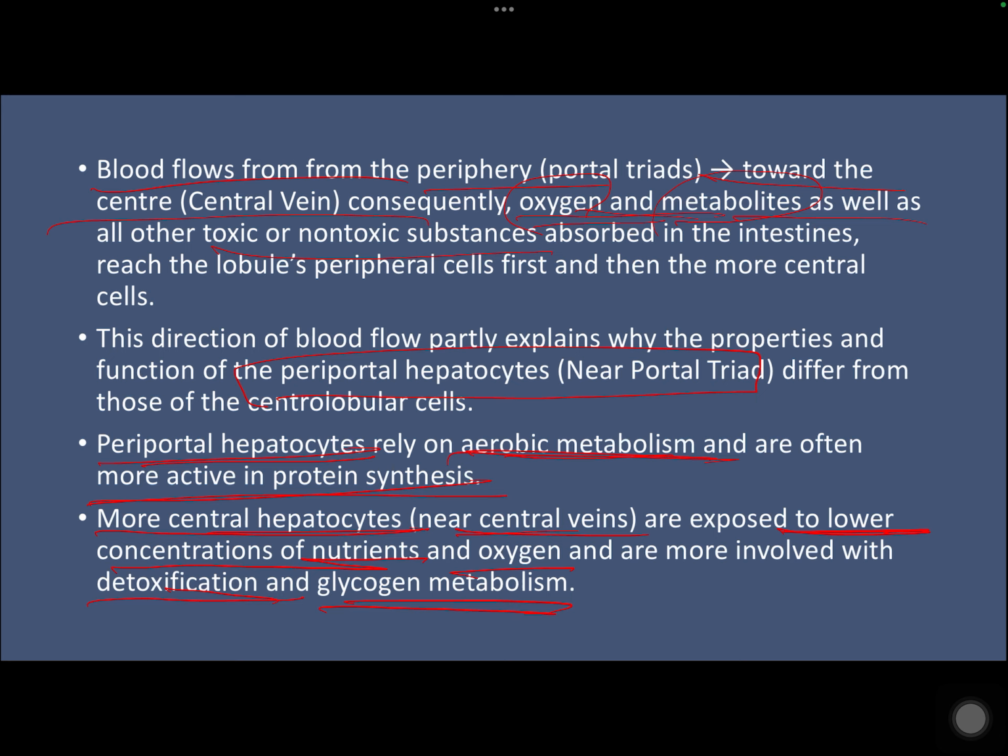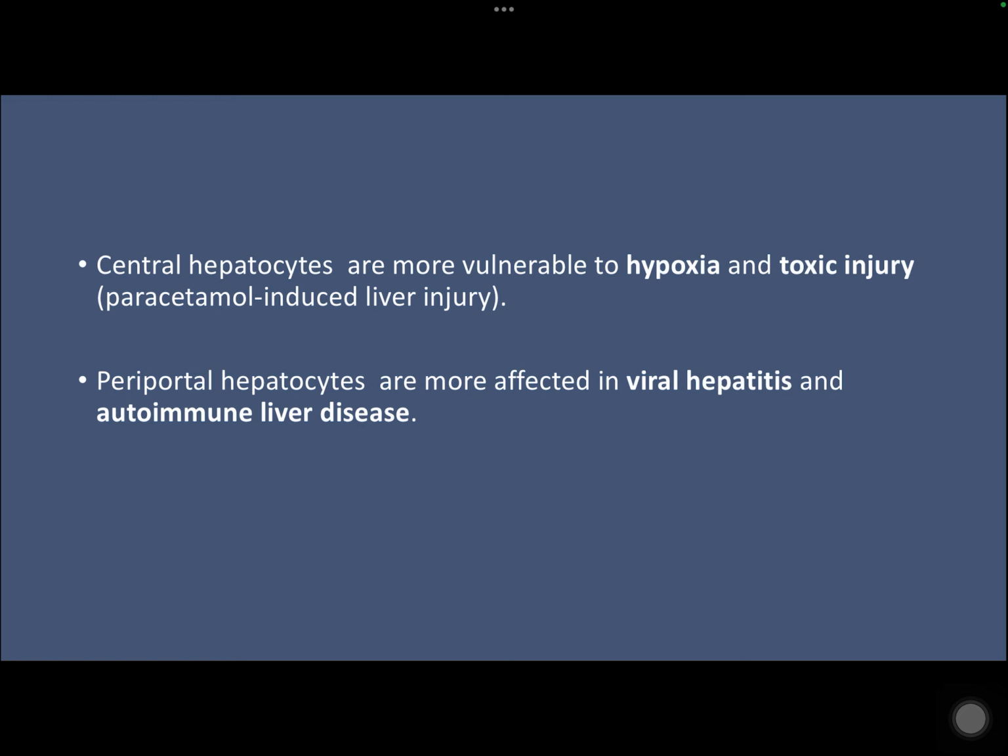Now the hepatocytes which are very close to the portal triad are known as periportal hepatocytes. They are exposed to a comparatively high concentration of oxygen and nutrients than those which are more central or near the central veins. It is very important to remember that the central hepatocytes are more vulnerable to hypoxia and toxic injury.